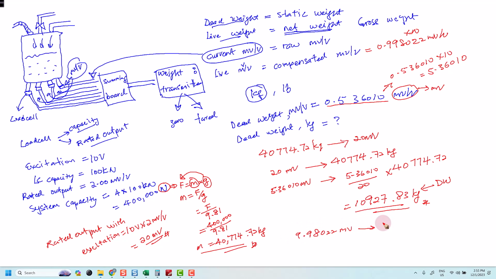What is the corresponding kilogram? It is 9.98022 millivolt divided by 20 millivolt, which is the rated output with excitation, multiplied by 40,774.72 kilogram.